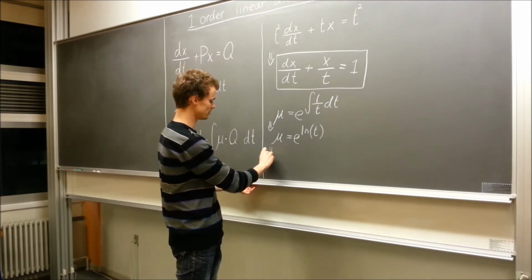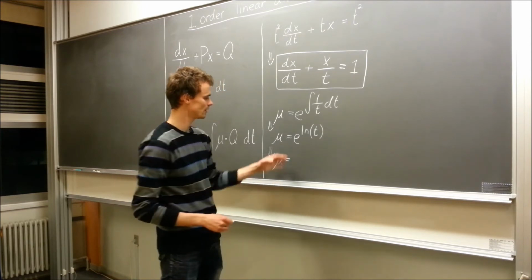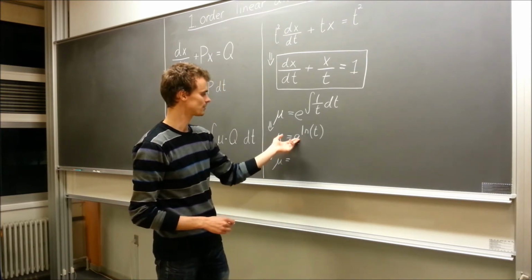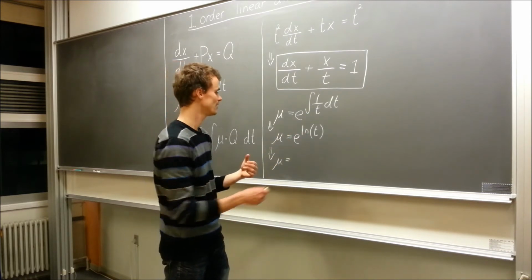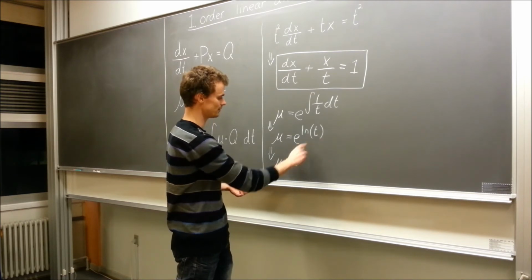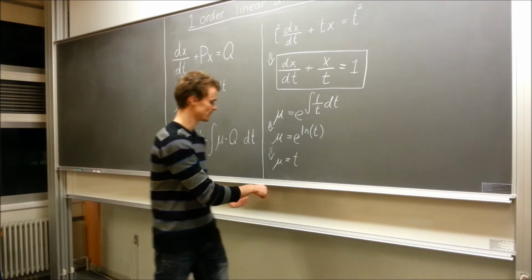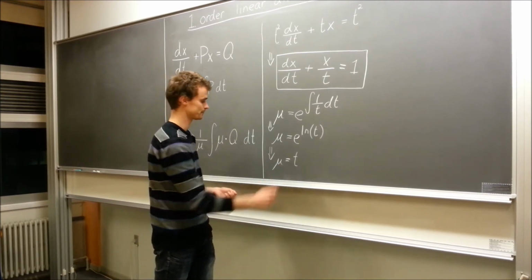And we can finish this by saying mu equals e raised to the power of the natural logarithm, which is just what we have here, so we have t. So now we know that mu equals t.